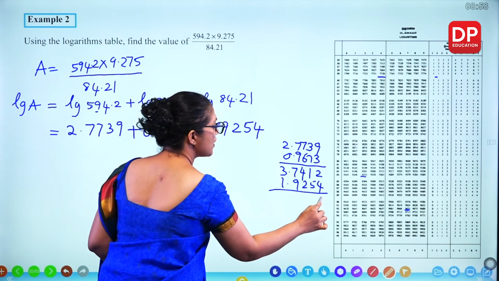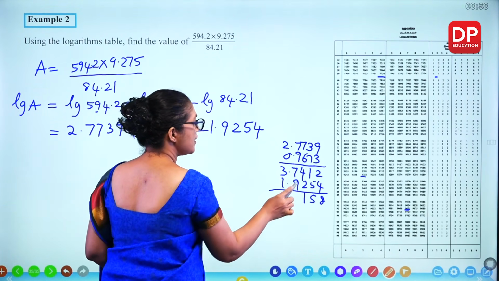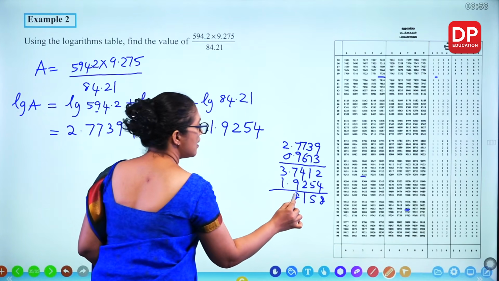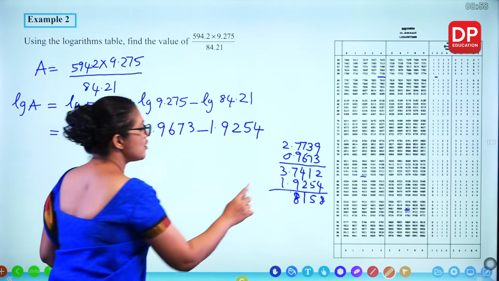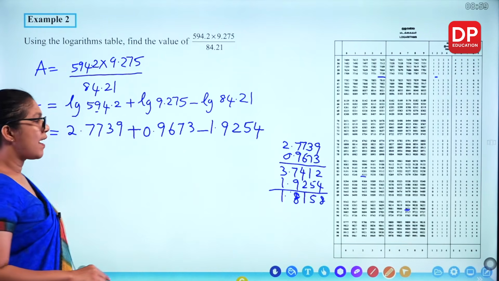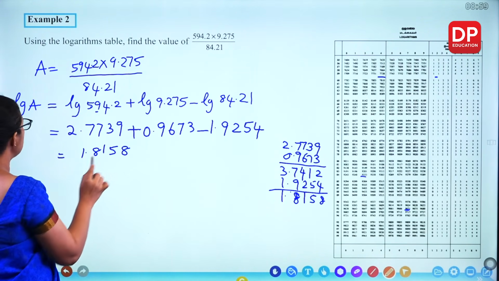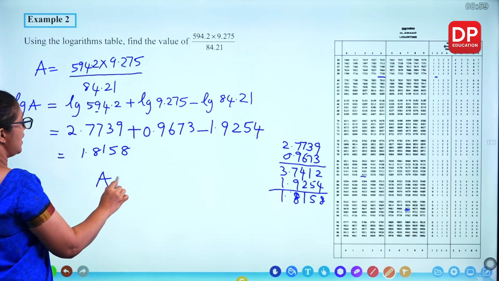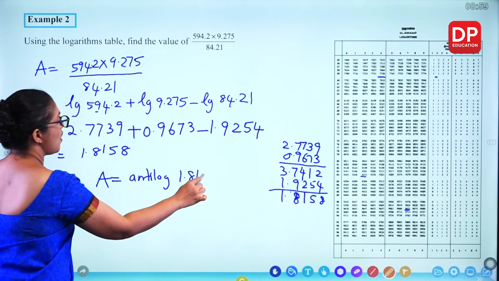When you subtract, you get 1 here and 9 plus 8, 17, 1 remaining, 2, 3. 1.8158. Now how can we find out the A value? Antilog. A becomes antilog of 1.8158.